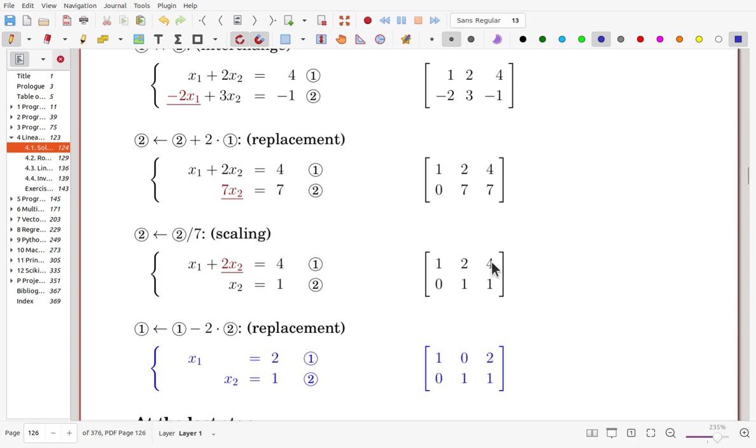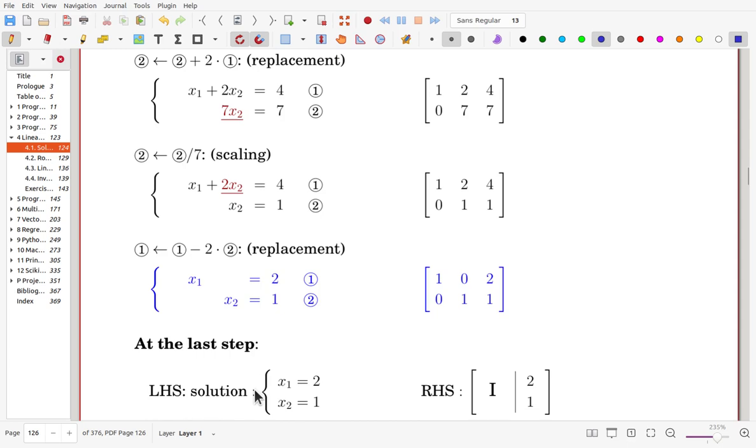Now that will become 2. So this final matrix form is representing this one. So here in the last step, the solution is 2 and 1. And from this one, now this is the identity matrix, and the right side, that is the solution.